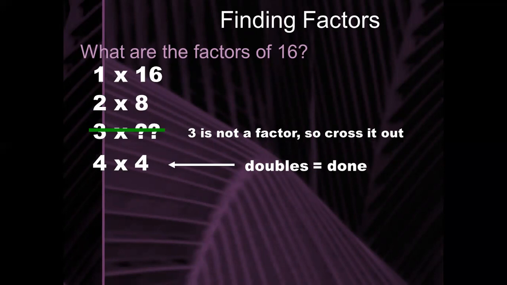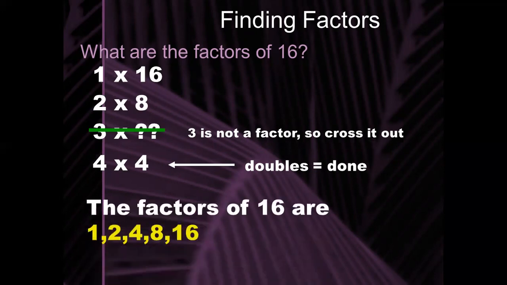So it's repeated. When it's repeated, we will only take 4 just one time. So the factors are 1, 2, 4, 8, and 16. As you can see here, 4 is only written once. I can't write it twice.